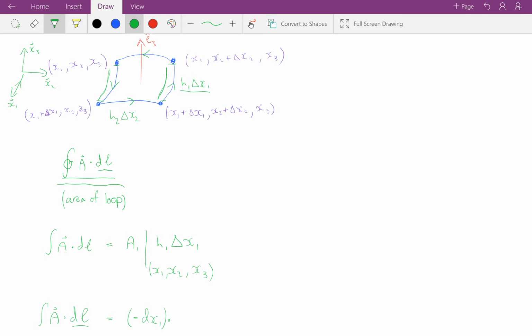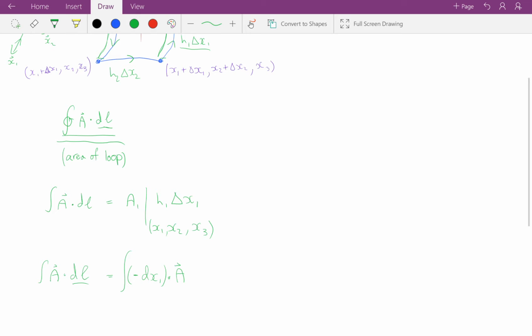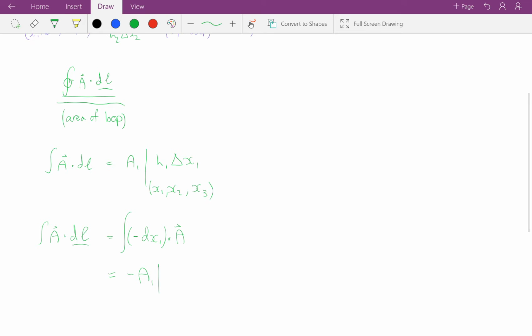dotted with our A. It's an integral, so we're going to have minus A1, because we're only getting the A1 component along that, evaluated at x1, x2 plus delta x2, x3.